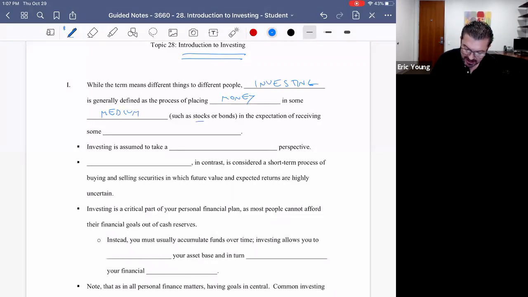That can be stocks, that can be bonds, it can be mutual funds. You can go into the real esoteric things like commodities or gold or precious metals or options trades. But broadly speaking, investing is simply putting your money into some sort of medium, and critically with the expectation of receiving some future benefit.